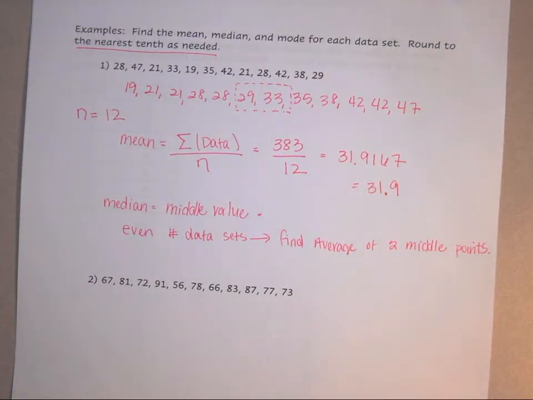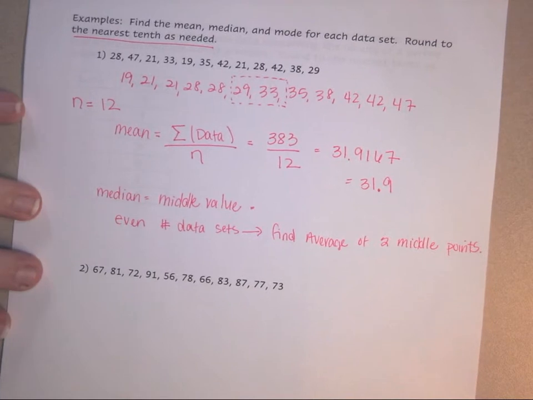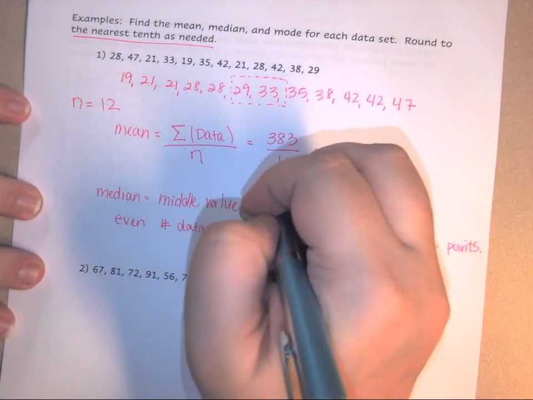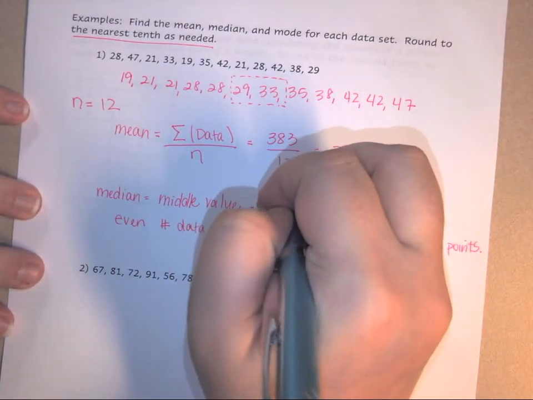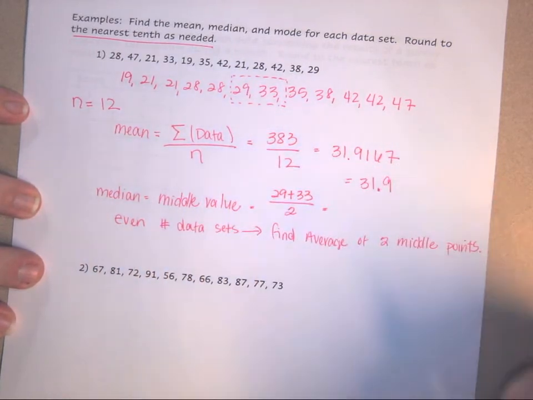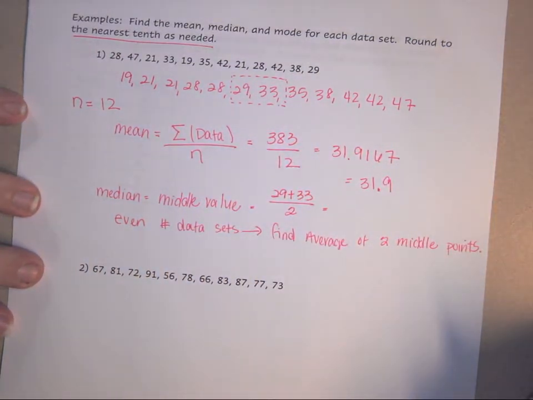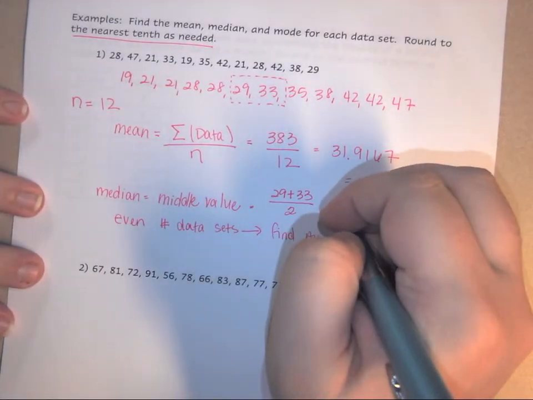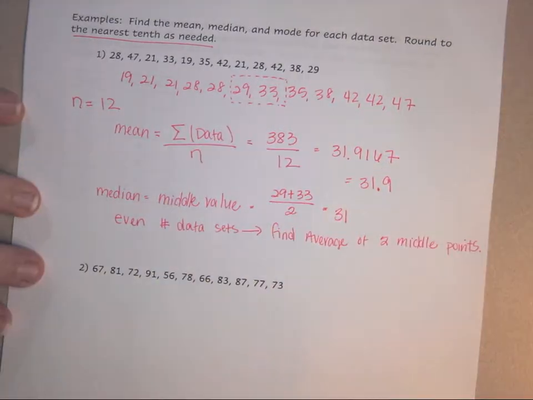So we're going to take 29 plus 33, and divide this by 2, and that gives me my middle value. In this case, we get 31 as a result.